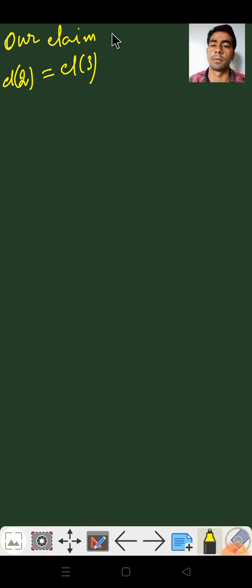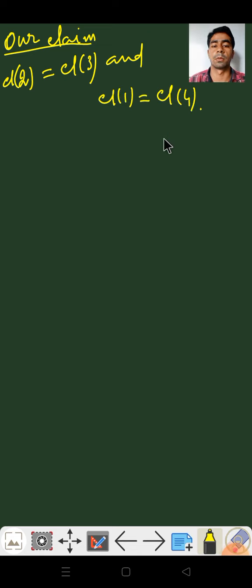Our claim is that class of 2 is equal to class of 3, and class of 1 is equal to class of 4.